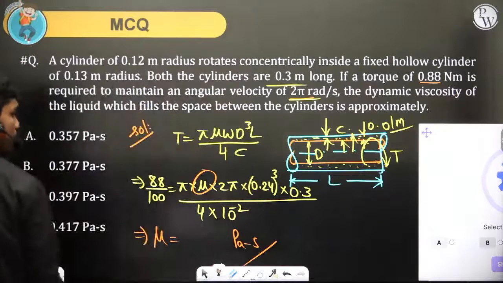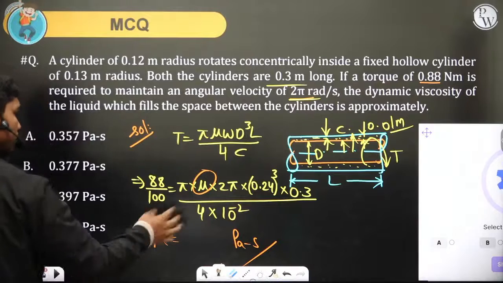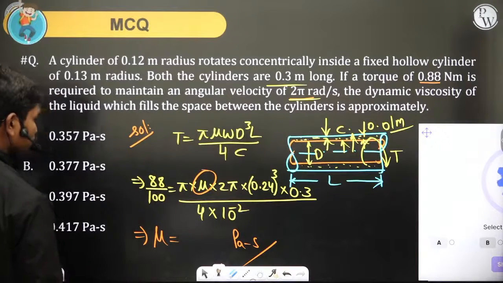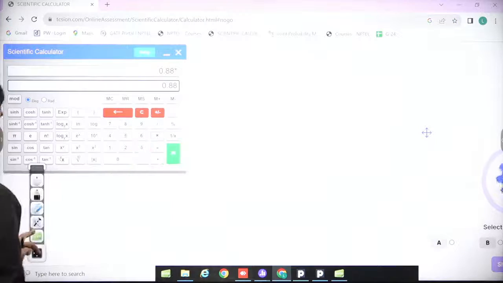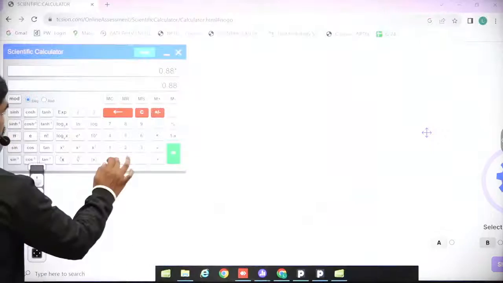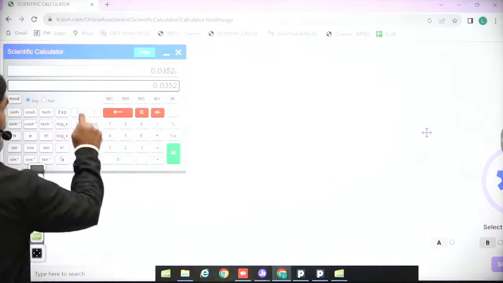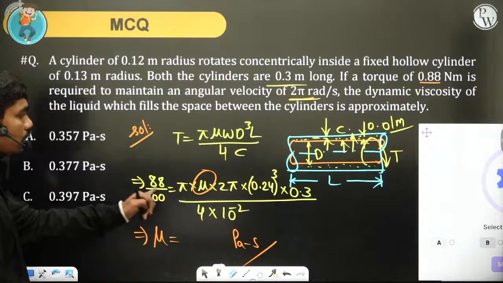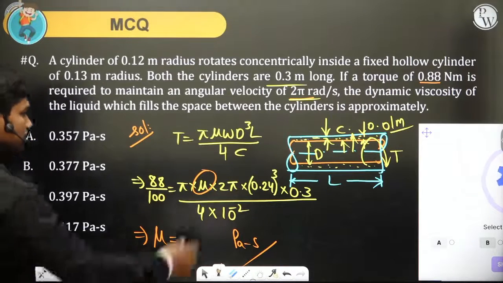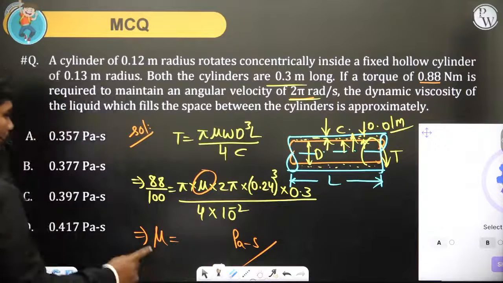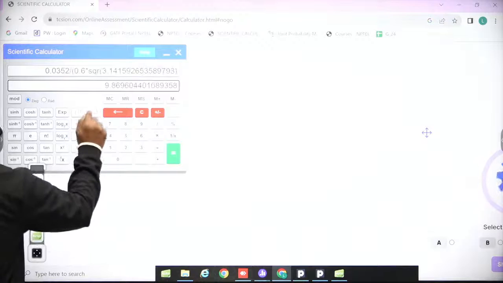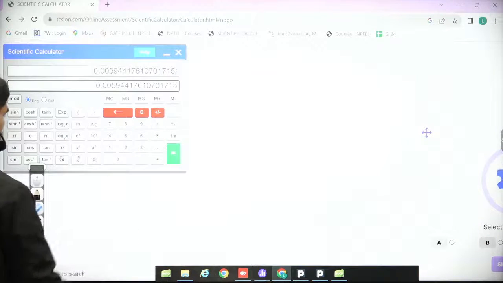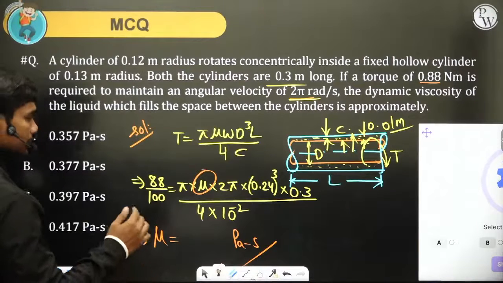So maybe we can use the calculator directly. 0.88 into 4 into 10 power minus 2, that is 0.04. This value divided by 2 pi square into 0.3, so 0.6 pi square, divided by 0.24 whole cube.